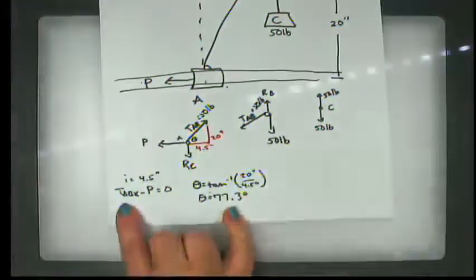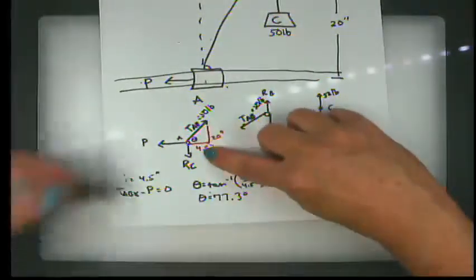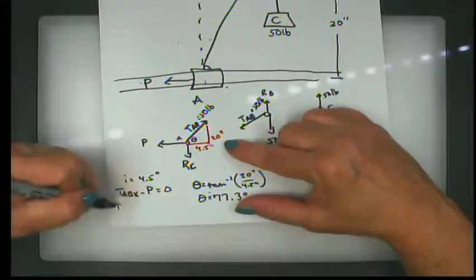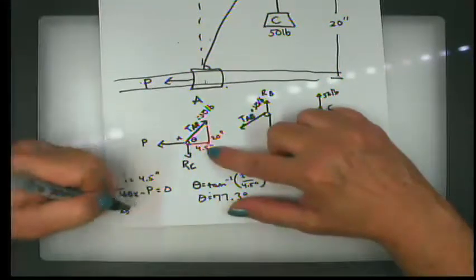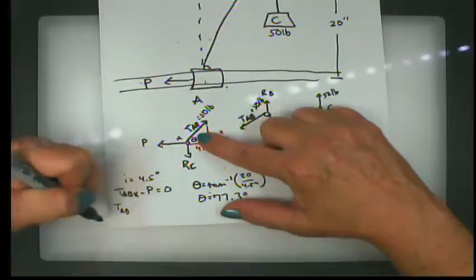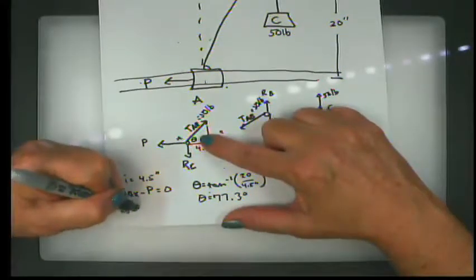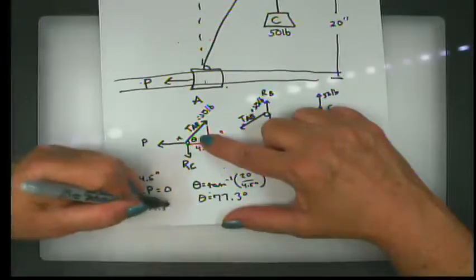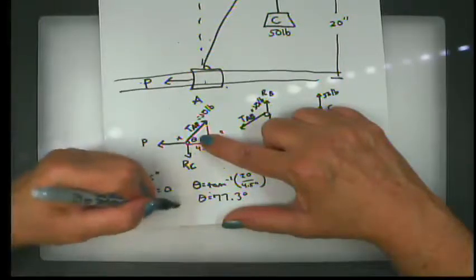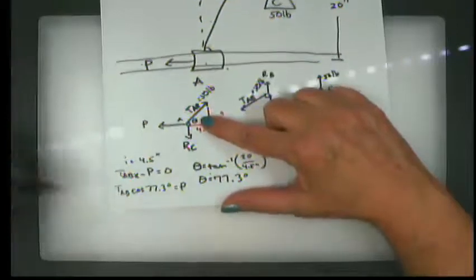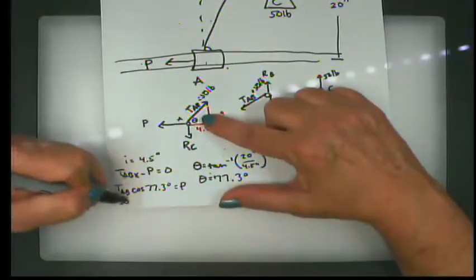All right, so in the x direction, that's adjacent to that angle. So TAB, adjacent over hypotenuse, is cosine, times the cosine of 77.3 degrees minus P equals 0, or equals P. I also know that my tension is 50 pounds.